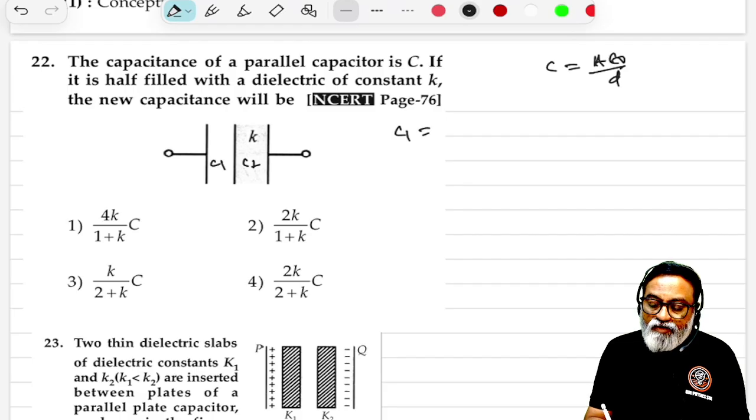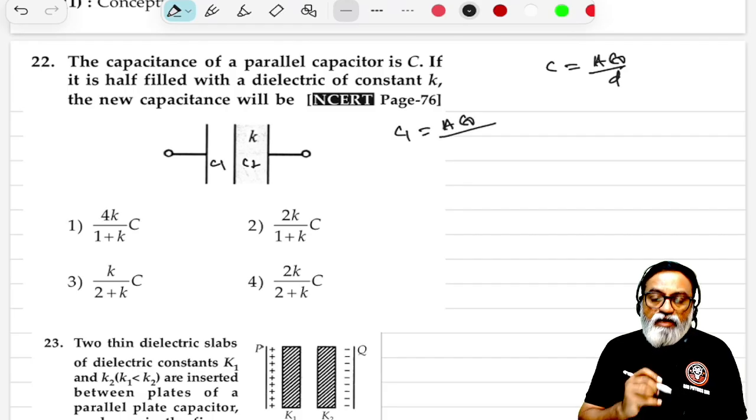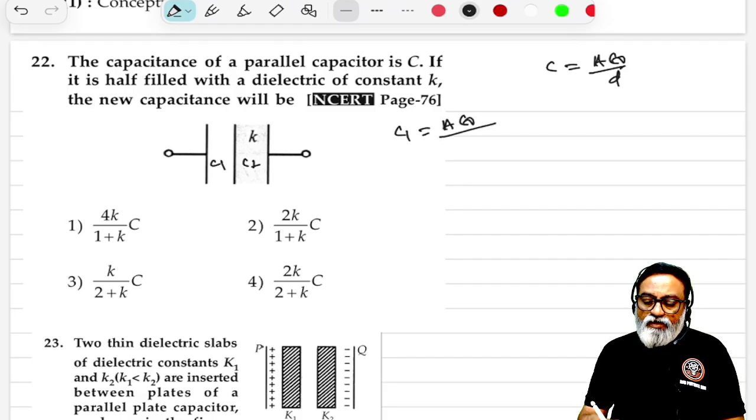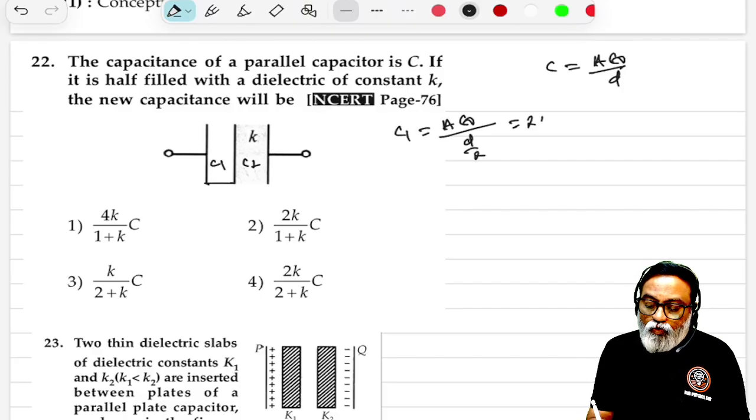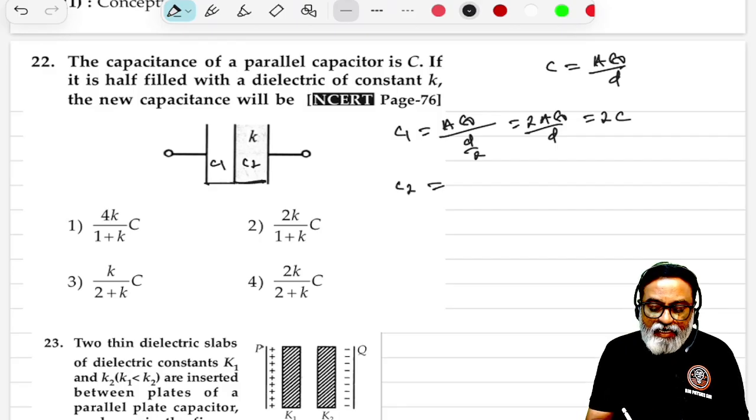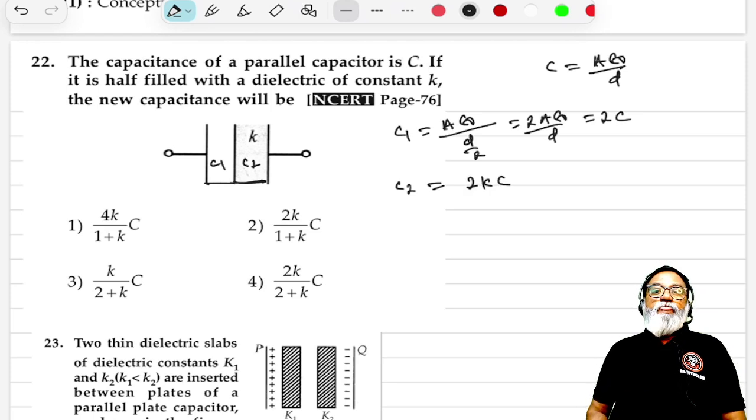Therefore, C1 is equal to A epsilon 0, filled with air so dielectric constant 1, and the distance is d by 2. Therefore, 2 A epsilon 0 by d, but A epsilon 0 by d is C, so this becomes 2C. Similarly, C2 has the same distance but dielectric constant K, so this becomes 2KC.